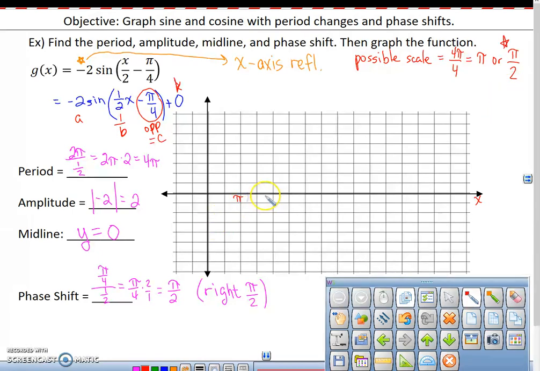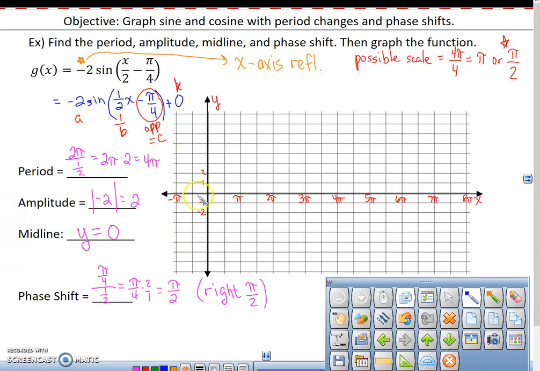So this will be pi, 2 pi, 3 pi, and so on. And over here, this would be negative pi. For my y-axis, I'm just going to use a scale of 1 unit. So this would be 1 and 2, -1 and -2. I could draw a dashed line on top of the x-axis for my midline, but I'm not going to bother with that this time because I can just use the x-axis as that reference.